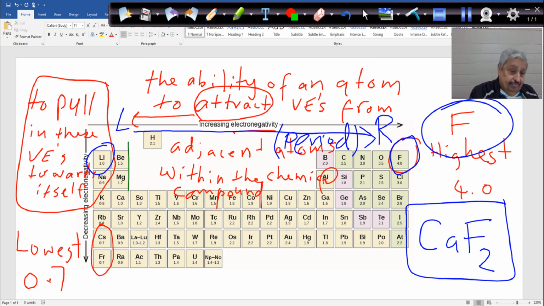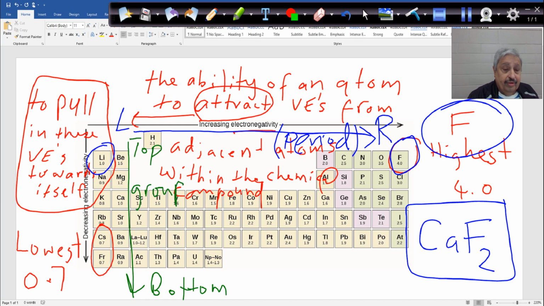Within the period, it increases from left to right. This is the period. Within the group, from the top, that's the group here, you will see it will decrease, the opposite.